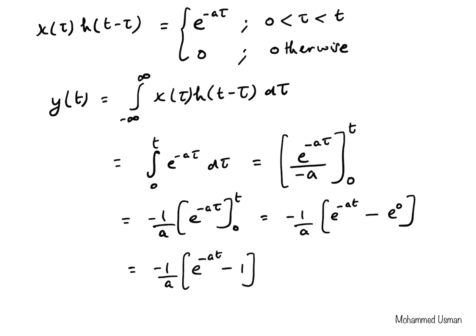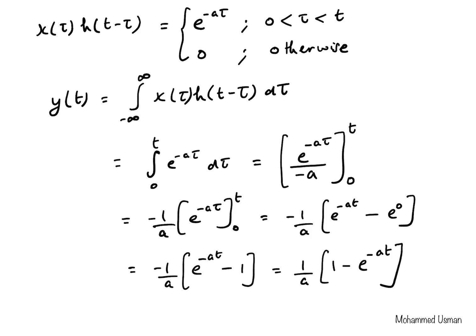Now we can multiply with this minus 1, and write that as 1 by a into 1 minus e power minus a t. So that's the response of the system y of t when the input is x of t, which is e power minus a t into u of t.